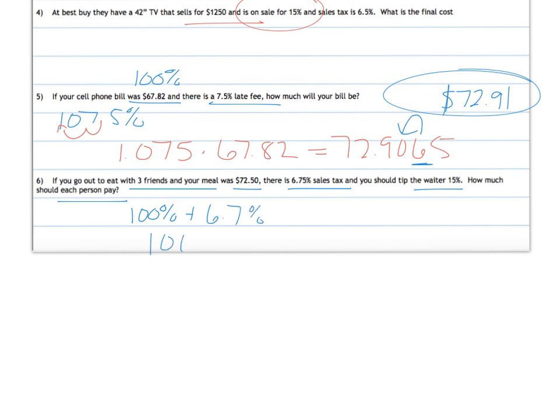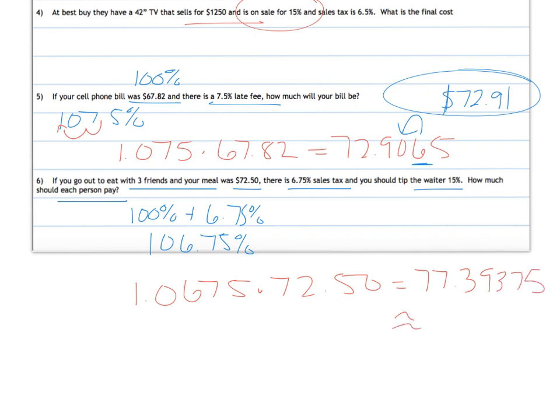So we're paying for 106.75% of the bill, 1.0675 as a decimal, times $72.50. So that means your total bill, which in money we would round, is $77.39.